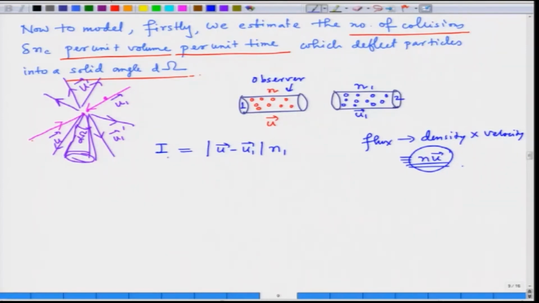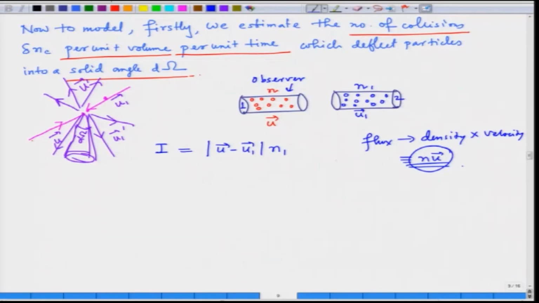Another way of saying that is that flux is the number of particles per unit time per unit area, perpendicular to the direction of particle flow. So, flux is density times the velocity.